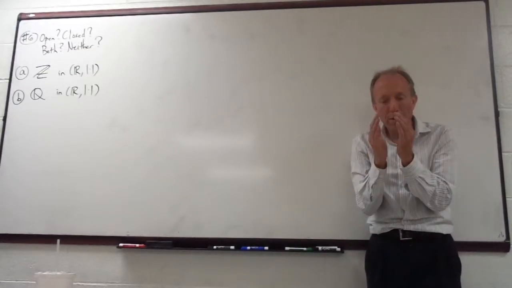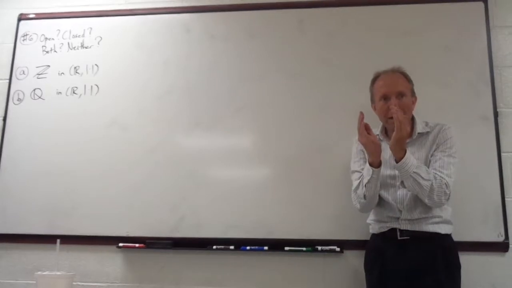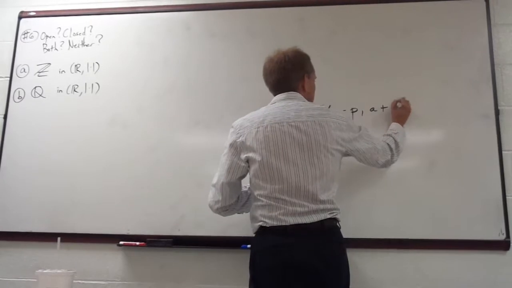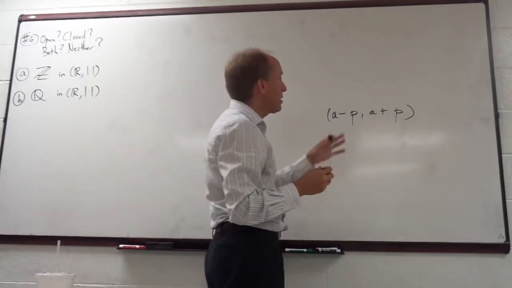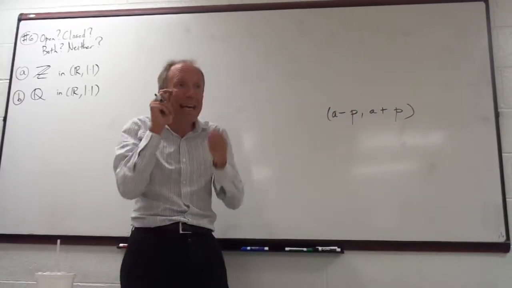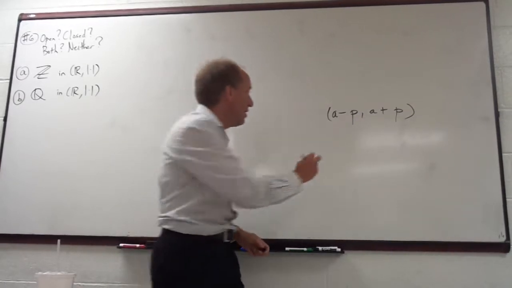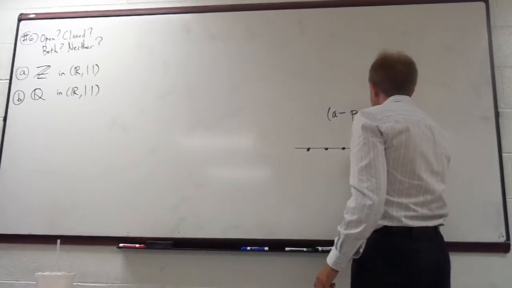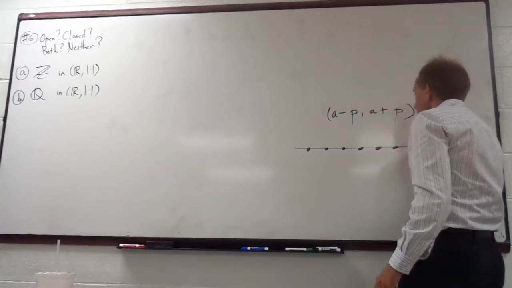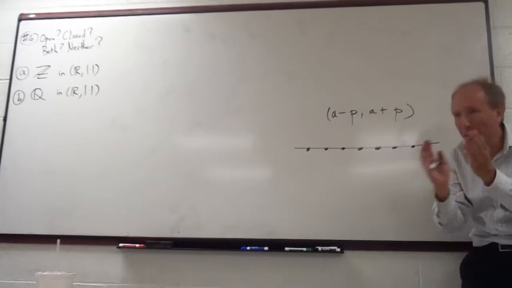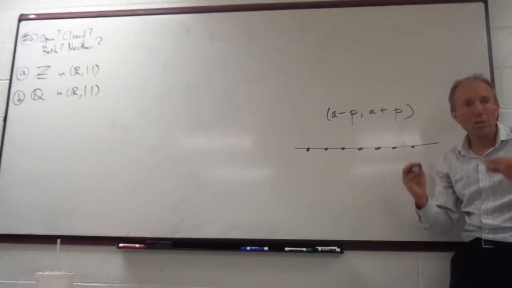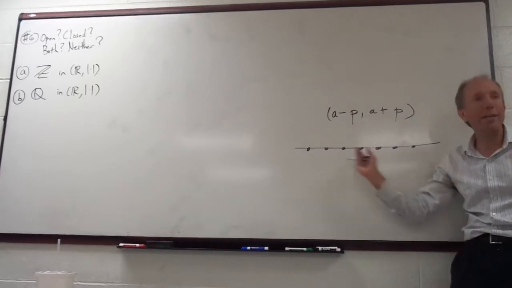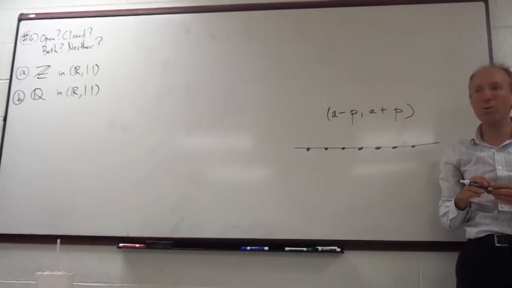An interval is not going to stay inside of Z. When I think of the integers, I just think of a bunch of dots. The question is, if you draw a little neighborhood around one of these dots, does the whole interval stay on the dots only? No, it doesn't. So it's not open.